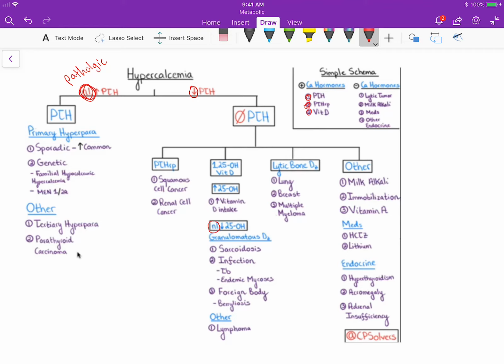If you are suspecting vitamin D mediated hypercalcemia, you get a 1,25 hydroxy vitamin D and it's elevated, and you want to differentiate between increased vitamin D intake versus a granulomatous disease, for example, then getting back a normal level of 25 hydroxy vitamin D is not pathologic, because that's what the body should be doing.